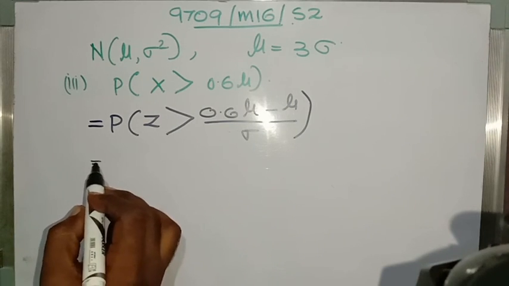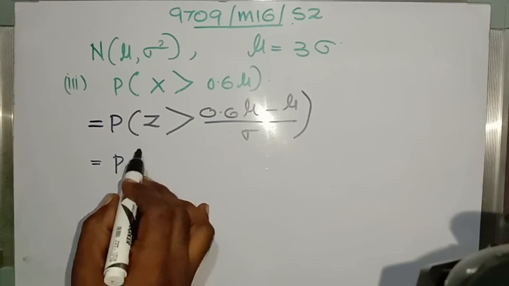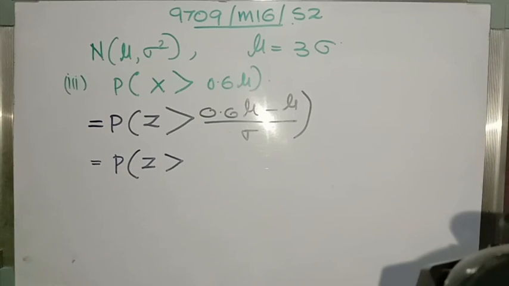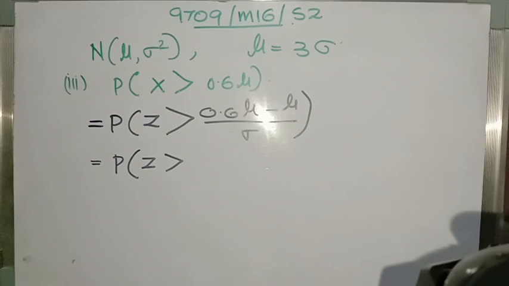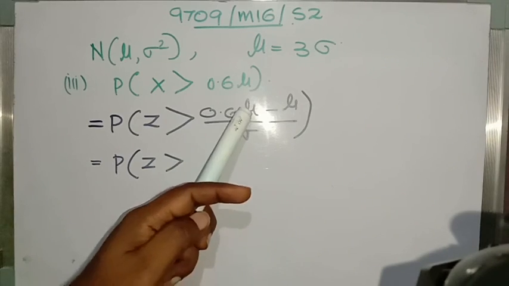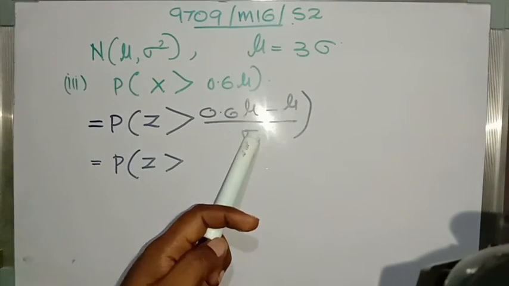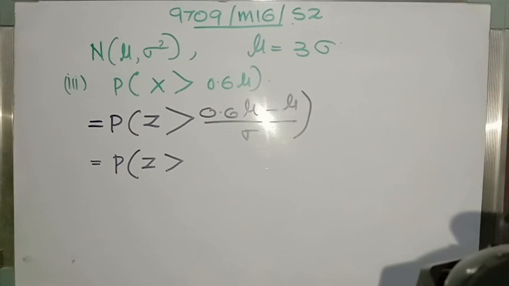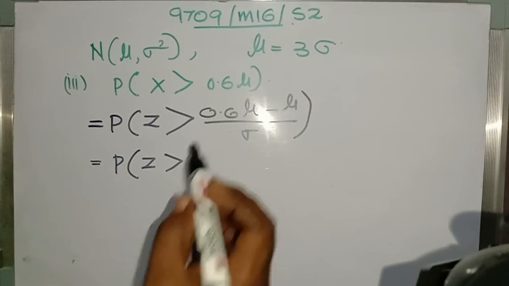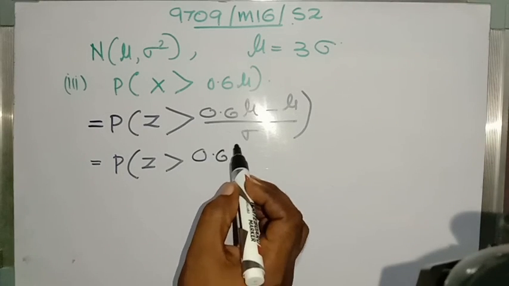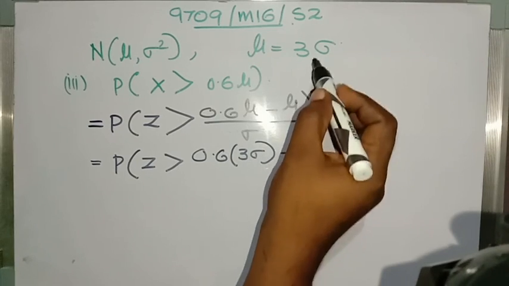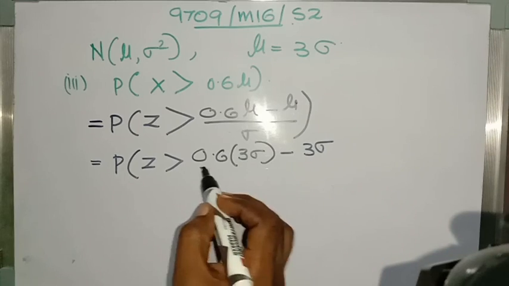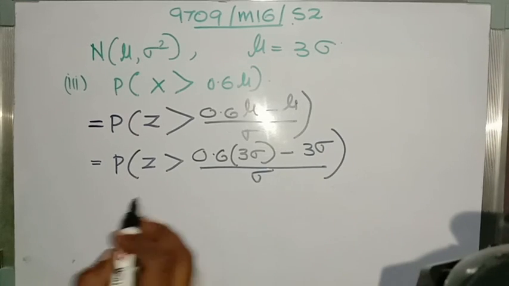Yes. Now, either you can change mu in the form of 3 sigma or sigma in the form of mu. It's up to you. I'm changing all the mu's in the form of sigma. So we get it as 0.6 into 3 sigma minus this mu, which is 3 sigma, all divided by sigma.